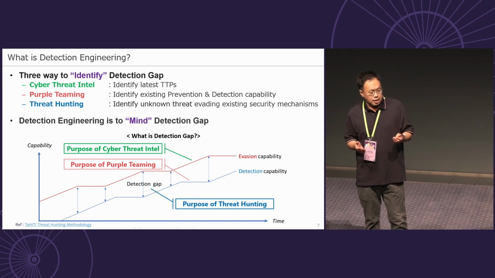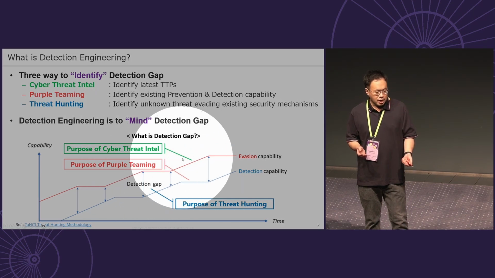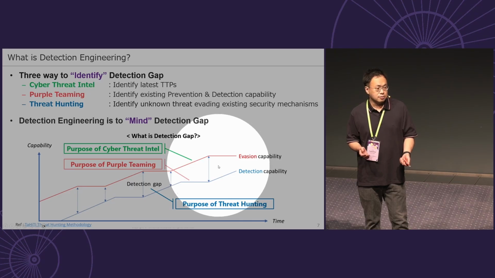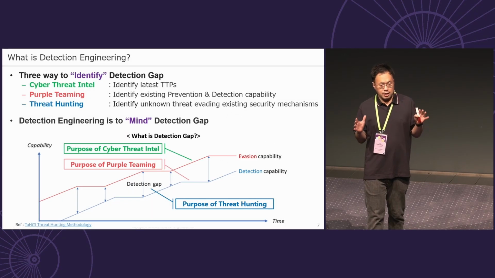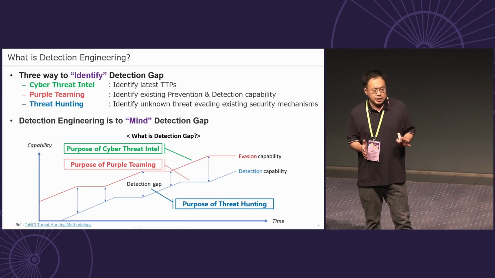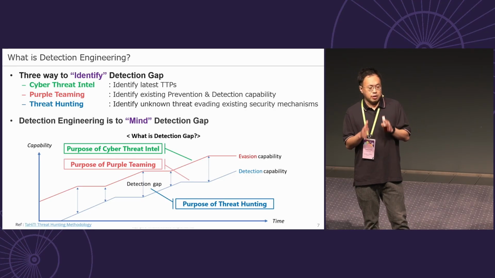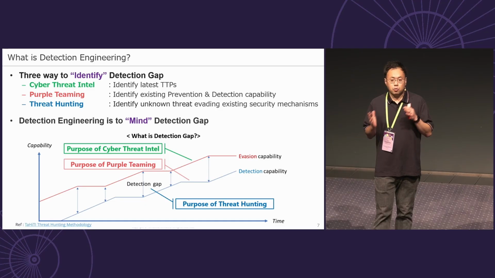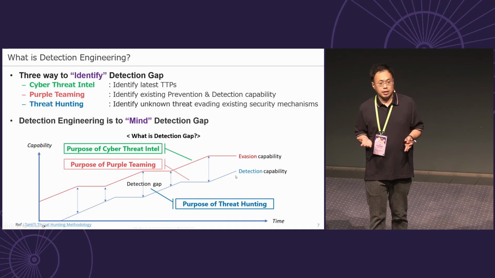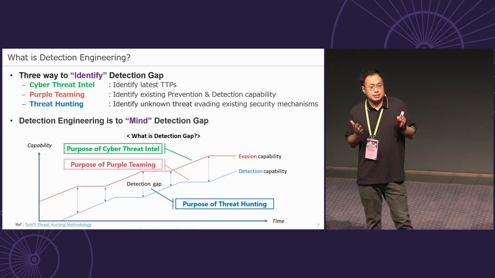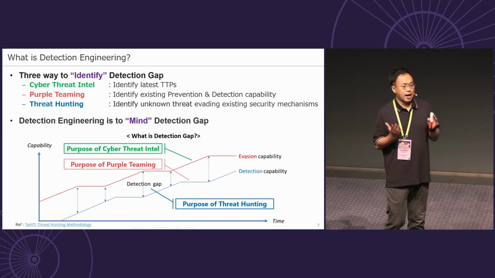Basically, we try to understand the evasion capability or threat actor techniques. The second is purple teaming or red teaming. This identifies the existing prevention and detection capability, which means that we understand the blue line, the detection capability. So by doing these two activities, we understand the gap.